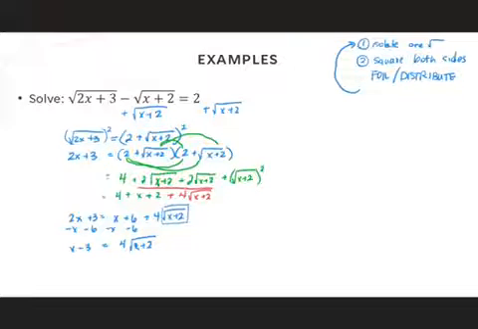Now, very common mistake is to subtract that 4. I can't subtract it. It's being multiplied. This is 4 times that. So we undo multiplication with division. I'm going to change colors just to kind of break things up here. So now I have the square root of x plus 2 is equal to x minus 3 divided by 4.